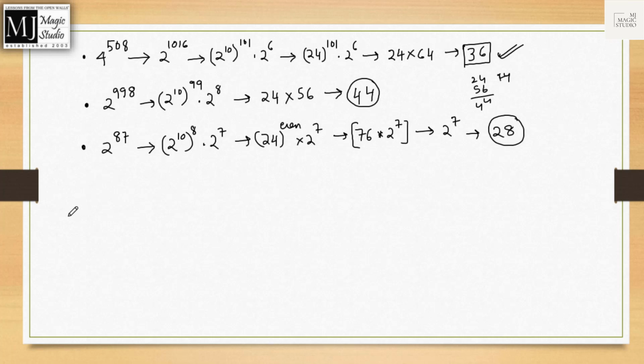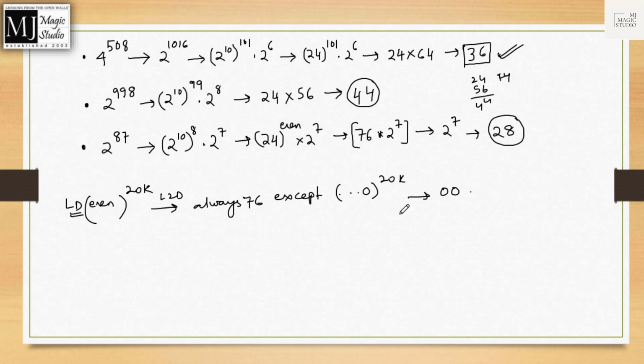Now if the last digit is even, I'm talking about last digit, or we have an even number and it is raised to the power 20k, its last two digits will be always 76, except in case of 0, raised to the power 20k will always end with 00.